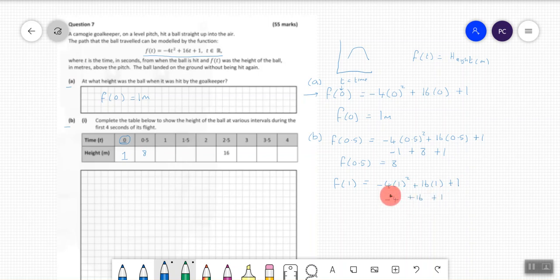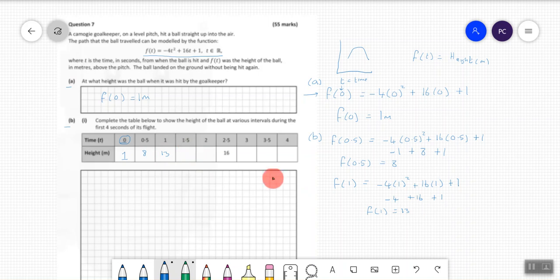So this will be minus 4 plus 17, which is going to be equal to 13. So f(1) is going to be equal to 13. Let me just double check that. Yeah, it's going to be 13. Okay, so that's that one.